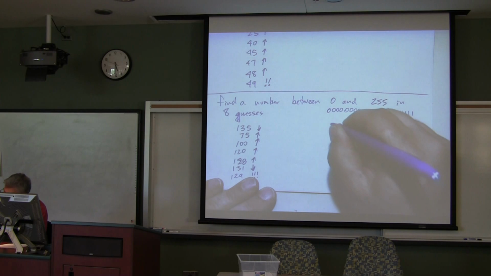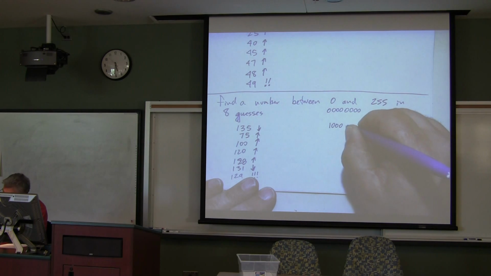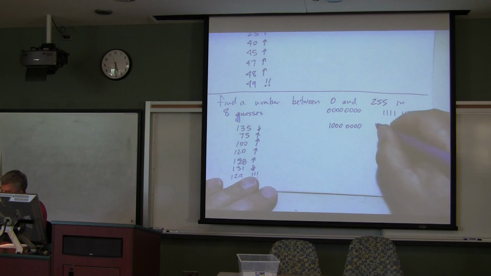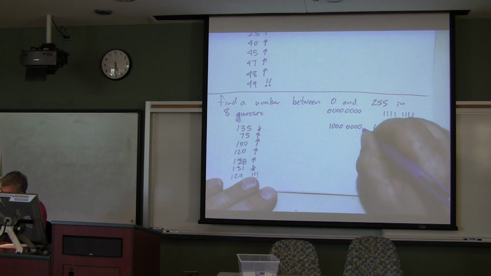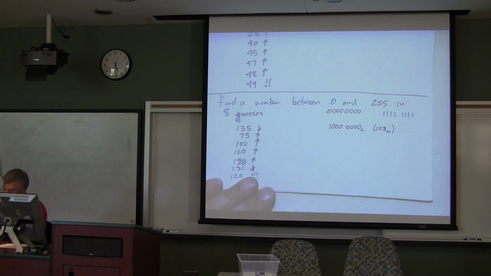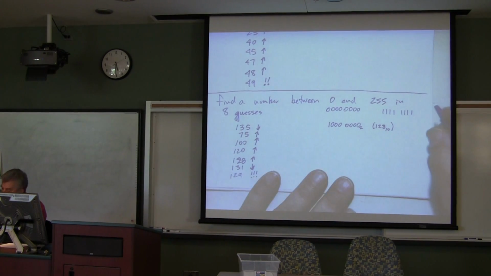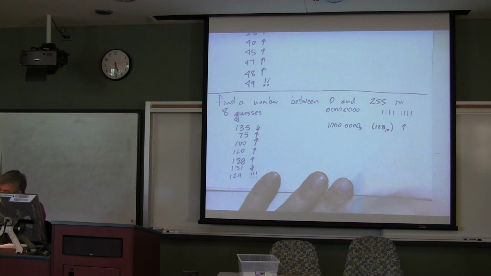So my first guess is 10000000. By the way, that is 128 base 10. This is base 2. So I would say higher or lower? We already know it's 129, so it would be higher.